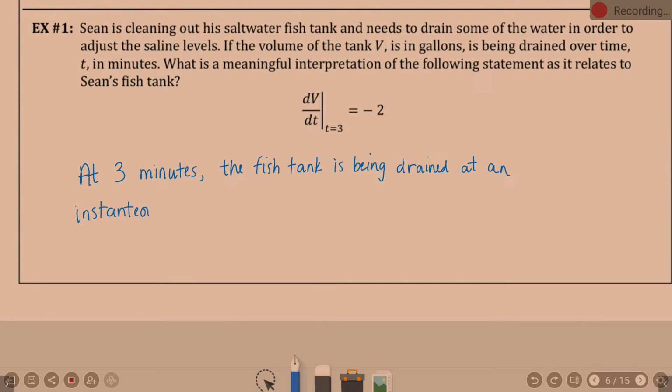Instantaneous rate of 2 gallons per minute. Okay.